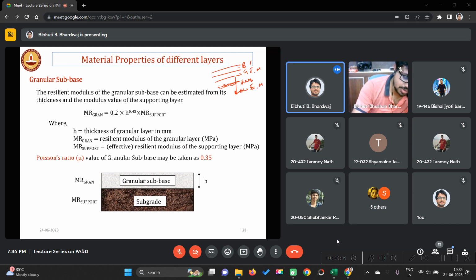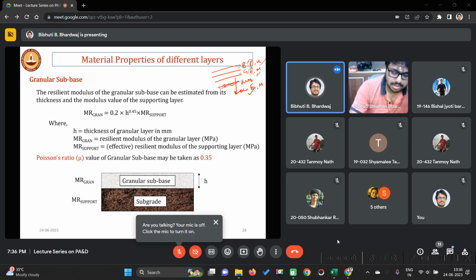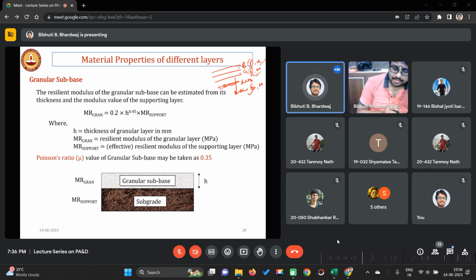Poisson's ratio mu 0.35 follows. E you got already using CBR. Now for the above layers, what do you need? E is needed, right? E1 and E2.